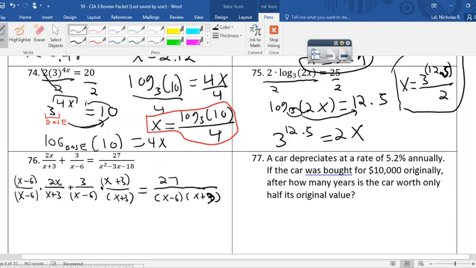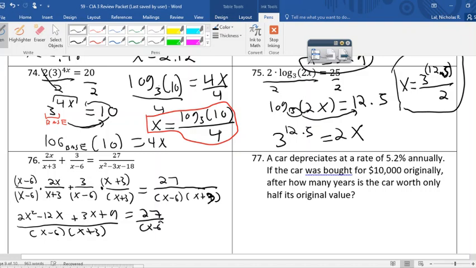So this is going to give me x minus 6 times 2x, which is going to be 2x squared minus 12x plus 3x plus 9, equal to 27, and this is all over x minus 6, x plus 3.